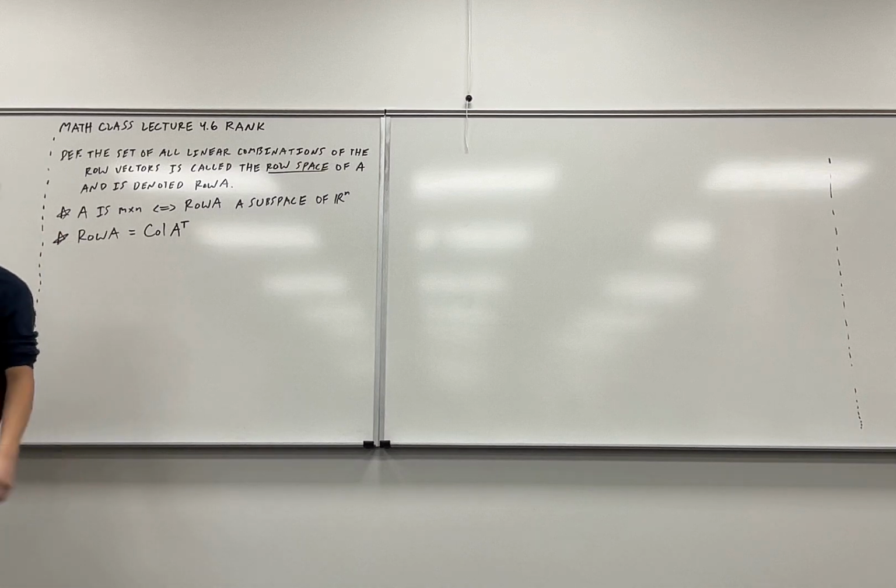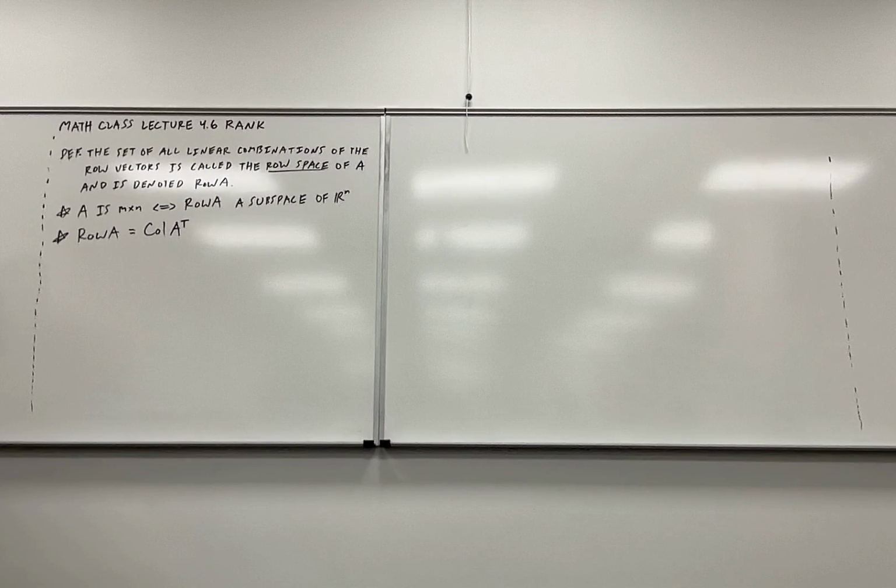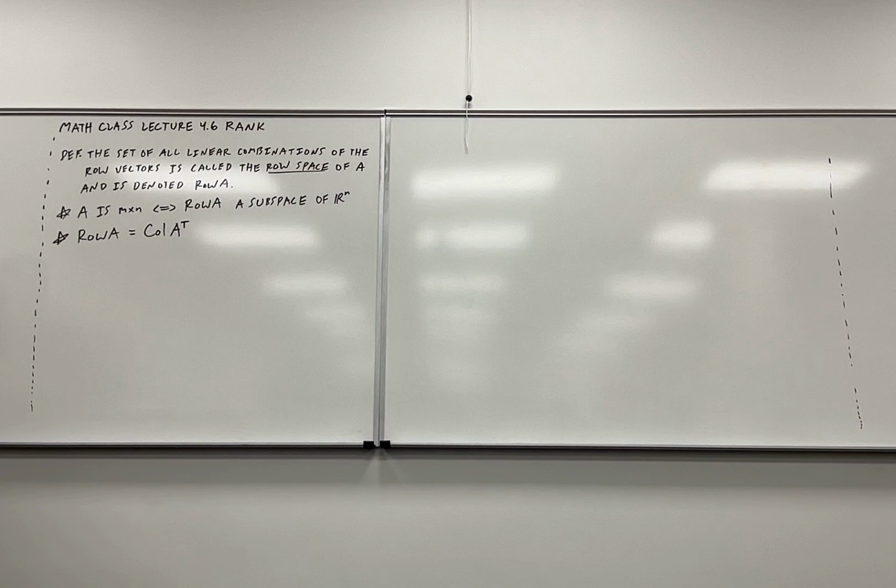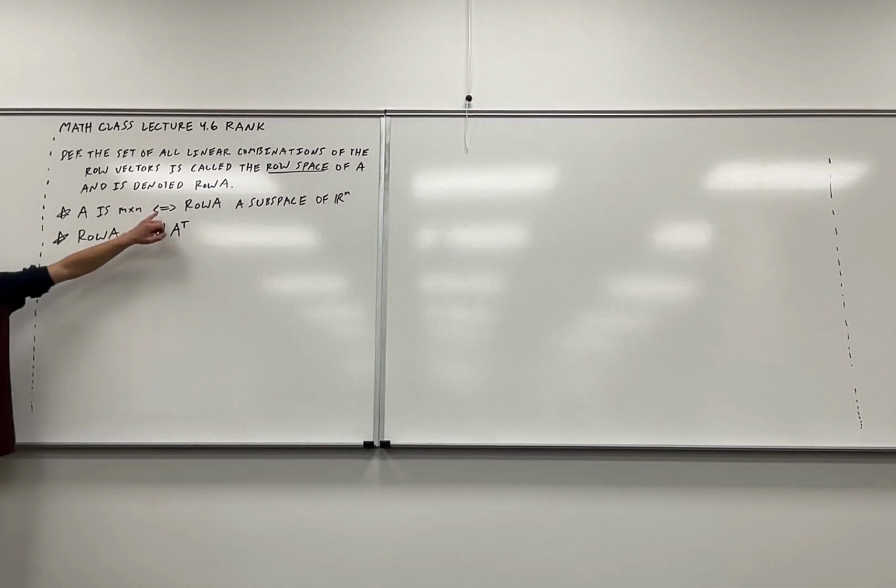Yes. So just a question on the way you wrote the sentence for the idea of writing proofs. If you said A is m by n, which that sentence is logically equivalent to row A subspace of Rn, how can that be logically equivalent? This in English you can think of as if and only if. Whenever you read a math definition and it uses if, it's an implied if and only if.